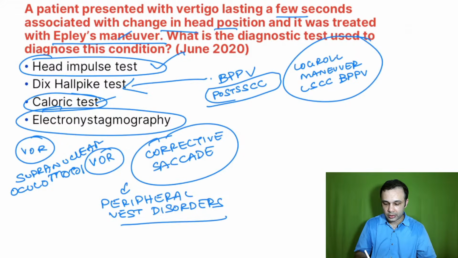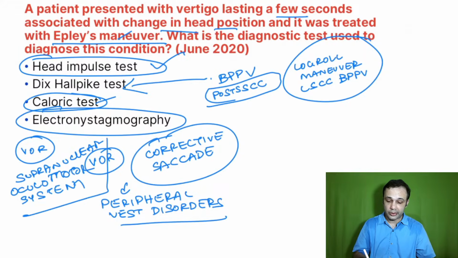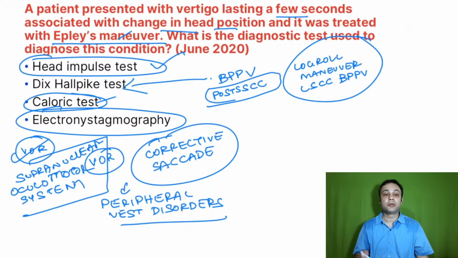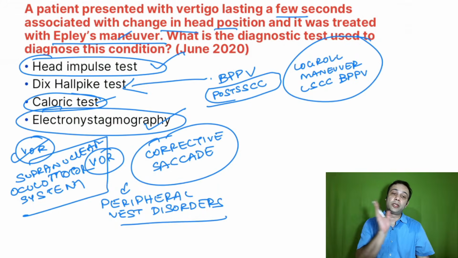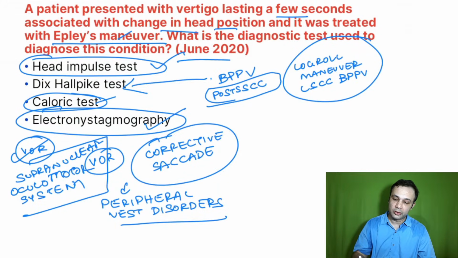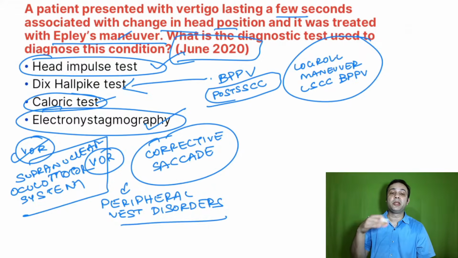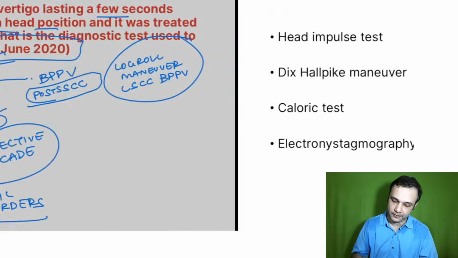This is a 1 hour topic itself. Supranuclear oculomotor system is a 1 hour topic itself. So it can test the vestibulo-ocular reflex along with the supranuclear oculomotor system, that is electronystagmography. Now there is a variation to that, that is the video nystagmography, which has come into foray. So this was asked way back in 2020 when VNG was still in the initial stages.